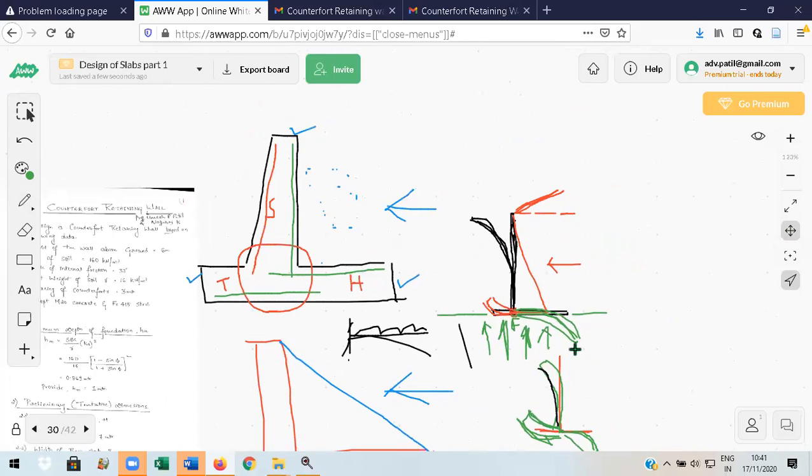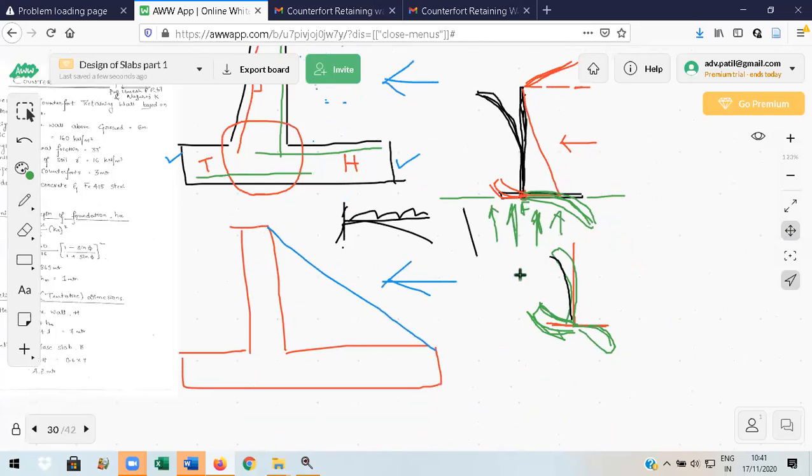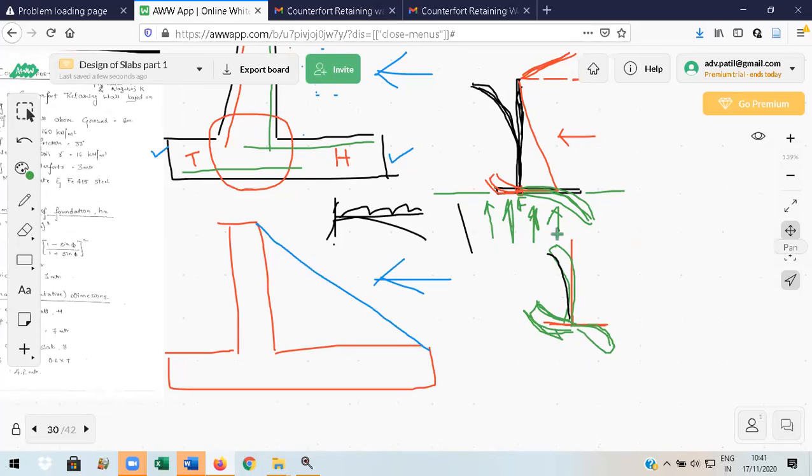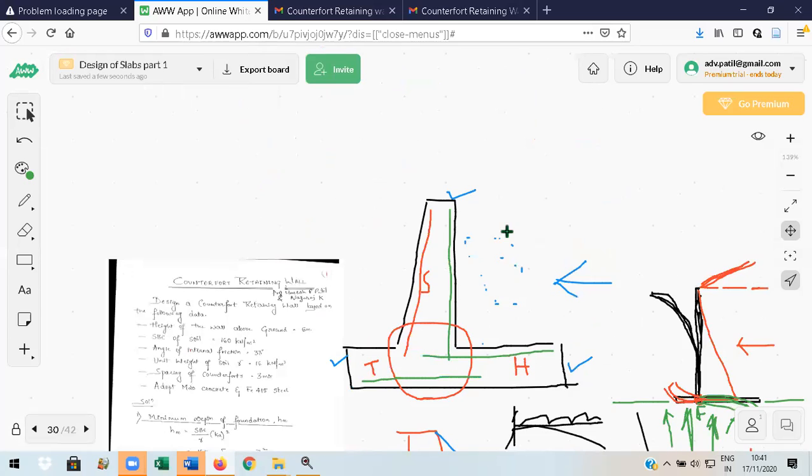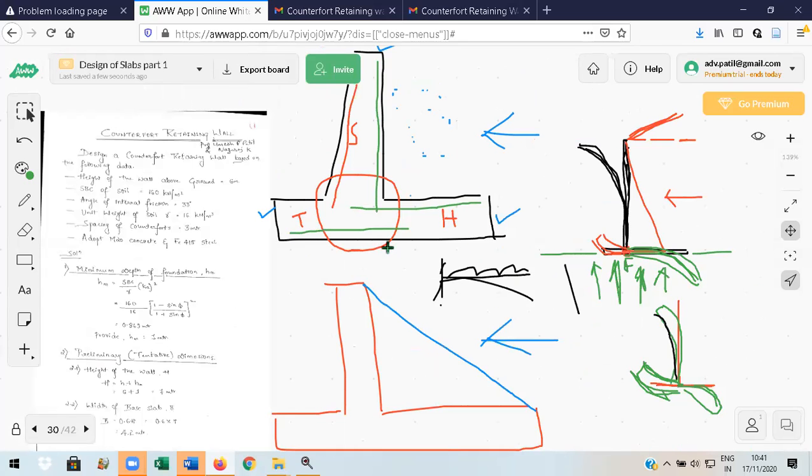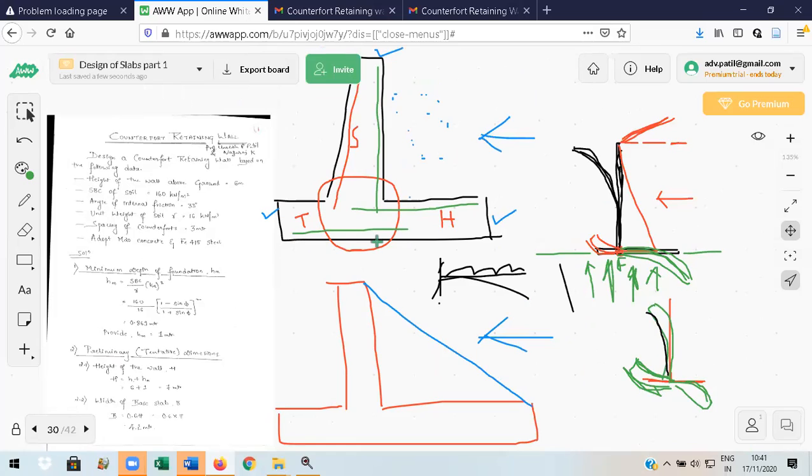I am looking at which are the tension fibers and which are the compression fibers, from the shape of the cantilever retaining wall after it bends. If it is not sufficiently strong, it bends like this. Based on this only, I decide the position of main steel. All the remaining bars, wherever you give them, are distribution bars.